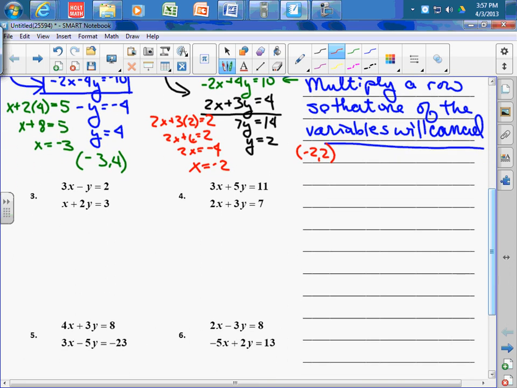In number 3, I tell you what we're going to do. Again, if you were to run across another tutor, another teacher, another website where you're talking about elimination, they may teach you something differently.